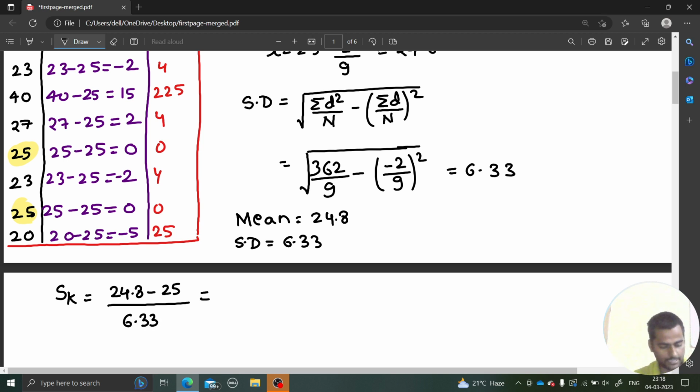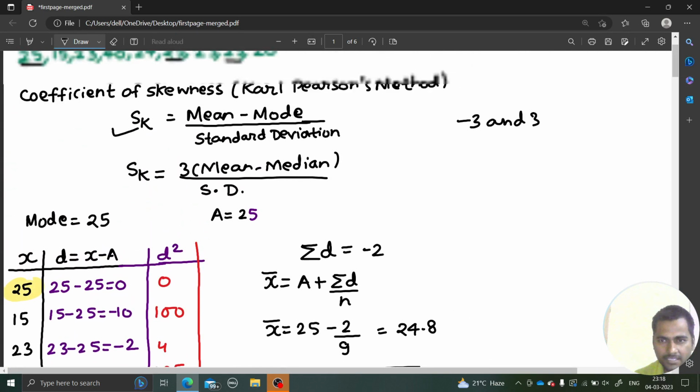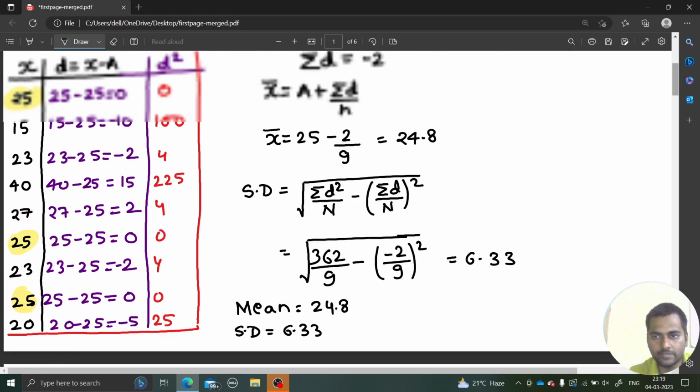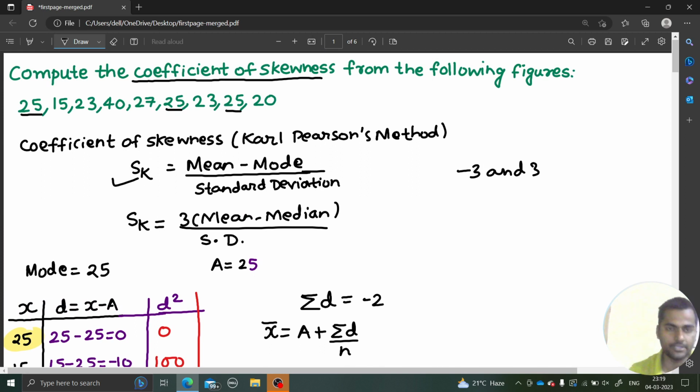So if I calculate this, I am getting 24.8 minus 25 divided by 6.33. So this is coming out to be minus 0.03, well lying within that range, minus 3 to 3. So minus 0.03 is your coefficient of skewness, and we have found it using the Karl Pearson method.